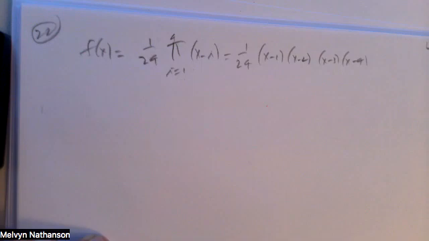And I want to put it into a form where the factors are like 1 minus x over something.